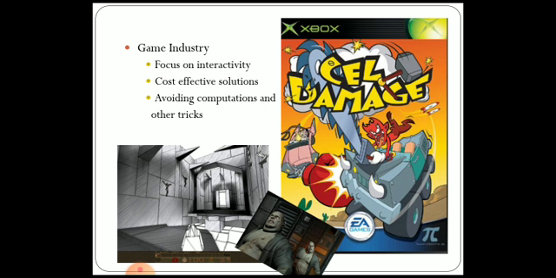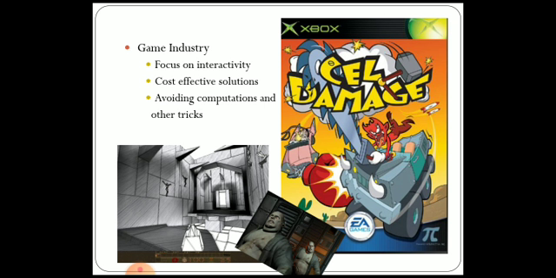Then we have cost-effective solutions. Nobody wants to buy a heavy game, or burden the computer by installing a game, right? So it should be cost-effective. It should work in minimum space and give maximum enjoyment, avoiding computation and other tricks. Obviously, nobody likes a complex game.